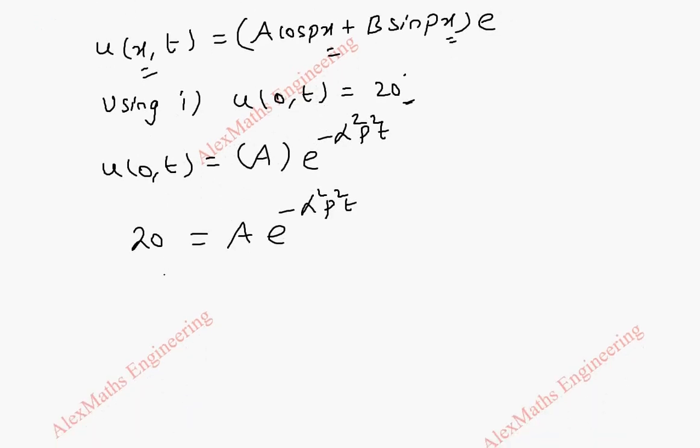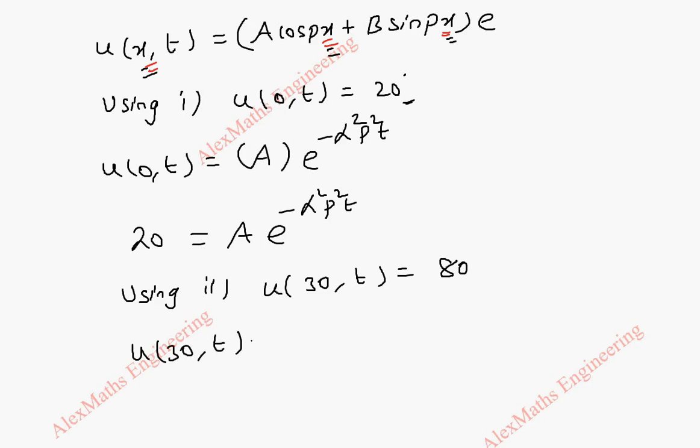Again, we are going to use the second condition in the solution. So using second condition, which is u of 30 comma t is 80. So wherever x is there, I have to put 30, the value of L at end B. So u of 30 comma t is A into cos p into 30 plus B into sin p 30.